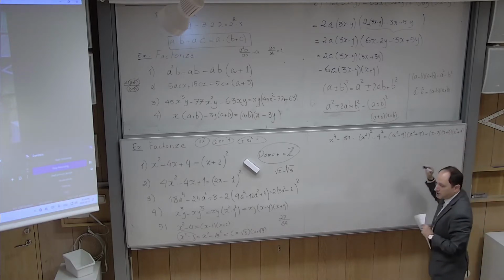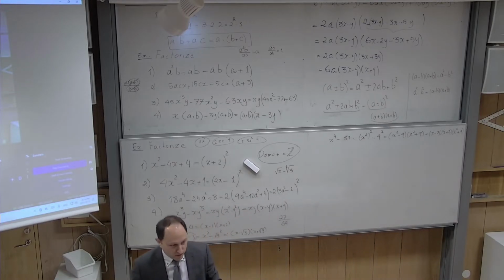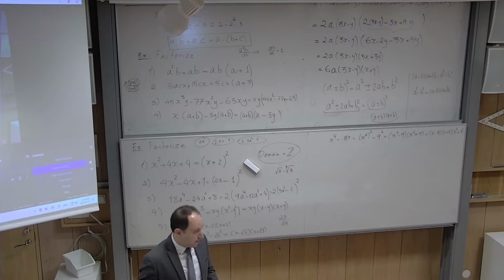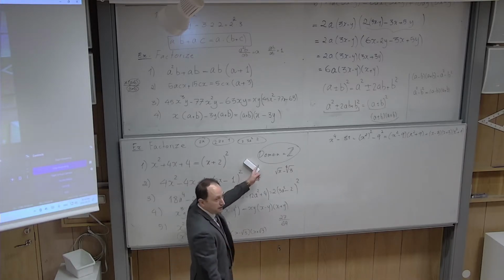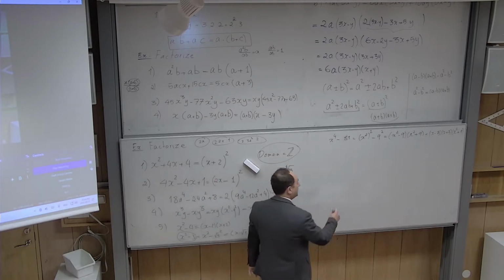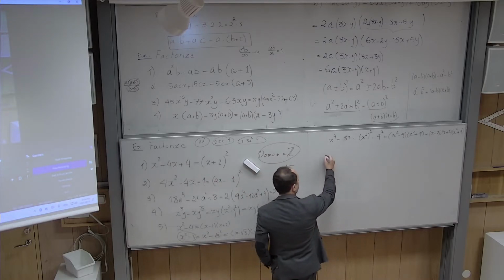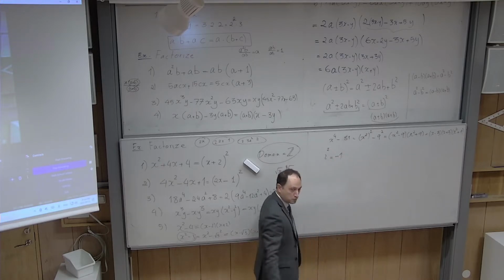About the sum of two complete squares, I want you to remember that this is not usually factorizable, unless you are allowed to work with complex numbers. It means that you have to expand your domain from Z to the set of complex numbers, because if you are allowed to work with complex numbers, there is a nasty number called i. When you raise it to power 2, it becomes minus 1.